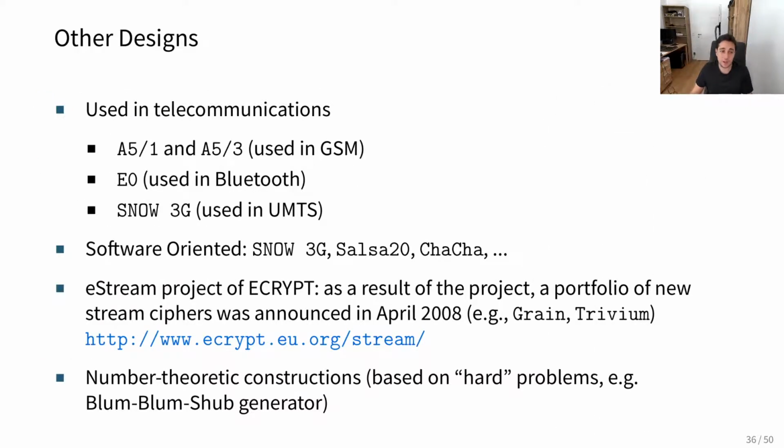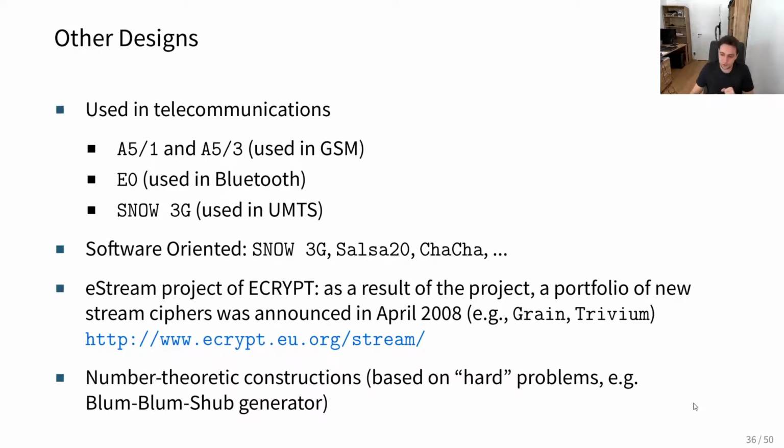Of course there are many other designs, and most prominently stream ciphers are used in telecommunications. So for example in the old GSM, also in Bluetooth and in UMTS 3G. So these are, for example, Snow 2G, Salsa, and ChaCha. These are software oriented. And there also was this eSTREAM project of ECRYPT, and as a result of that project, basically also new stream ciphers emerged.